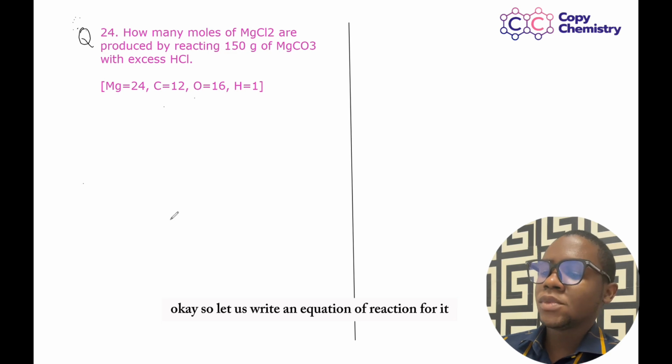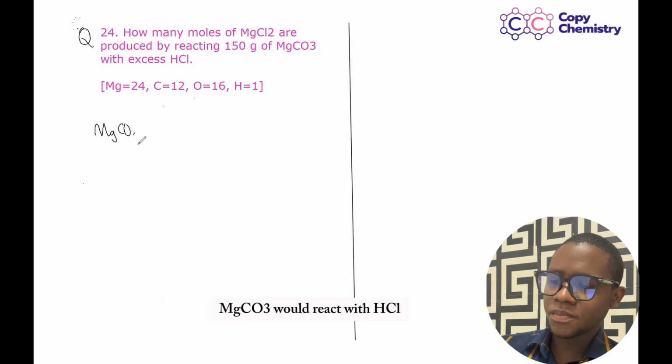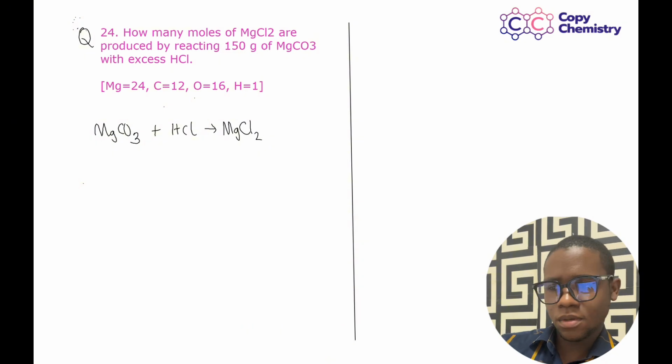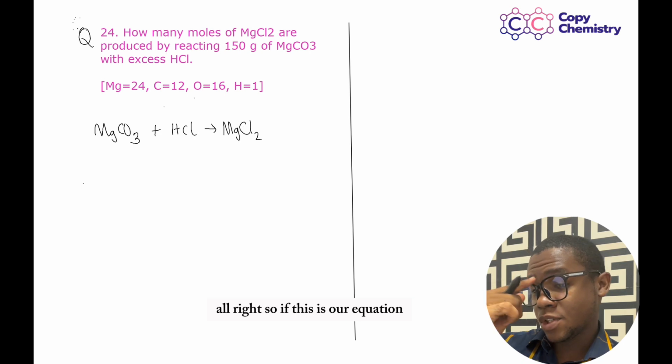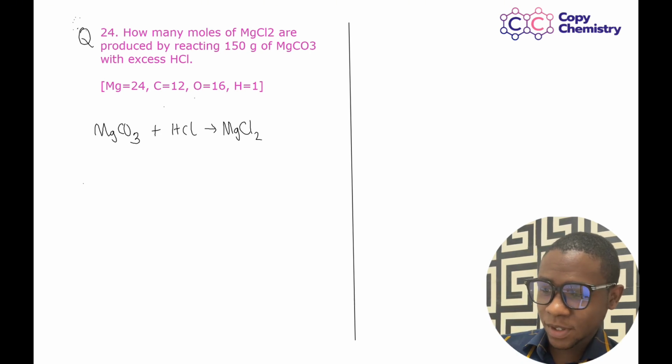Okay, so let us write an equation of reaction for it. MgCO3 would react with HCl, and it should give us MgCl2 according to the question. Alright, so if this is our equation, then we should be able to see that it's not complete, right?